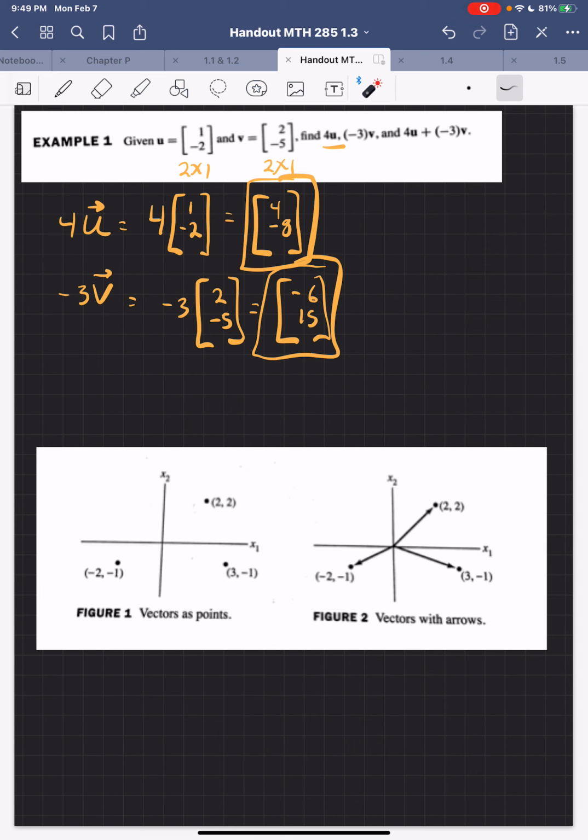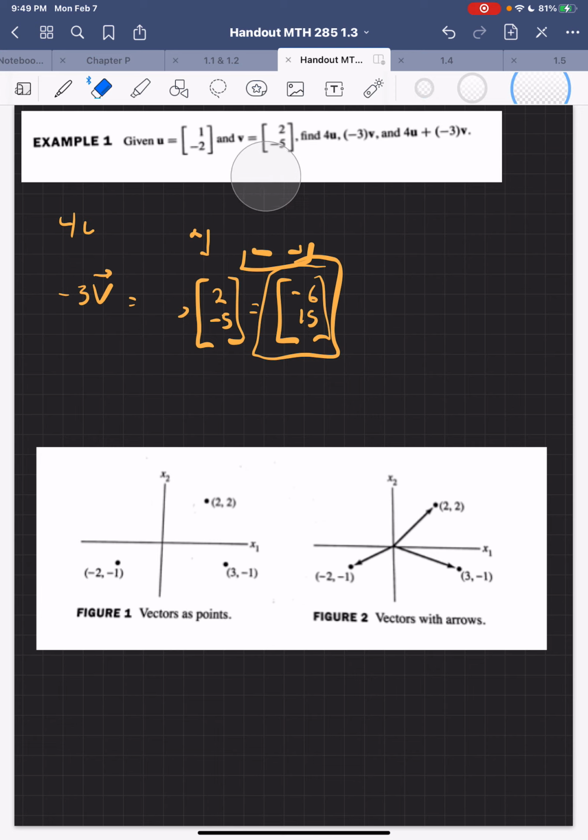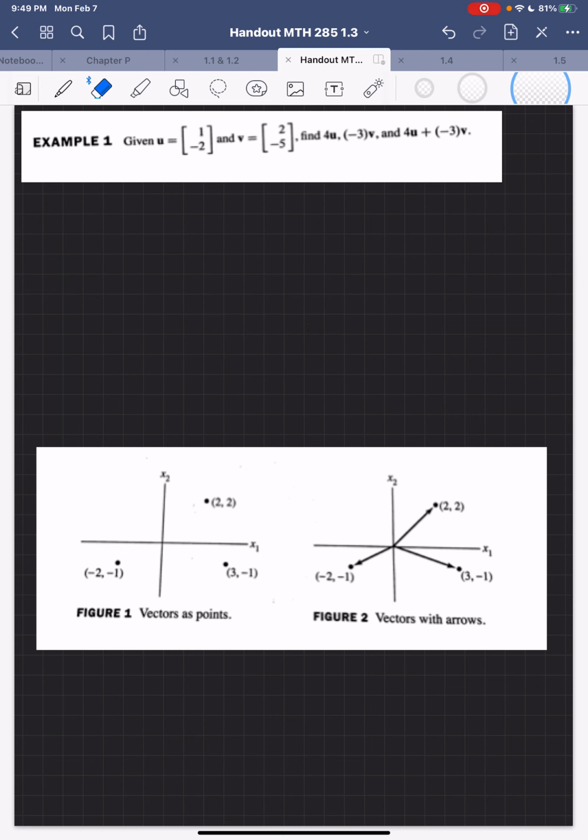Okay. Finally, they want us to take 4u and combine it with negative 3v. So I'm going to erase everything so I have some room. But we've already done 4u, and we've already done negative 3v.